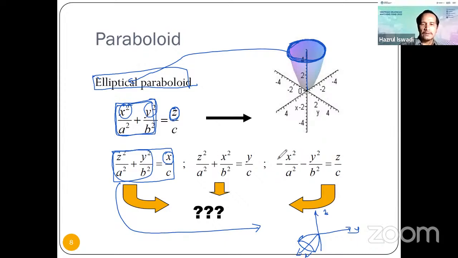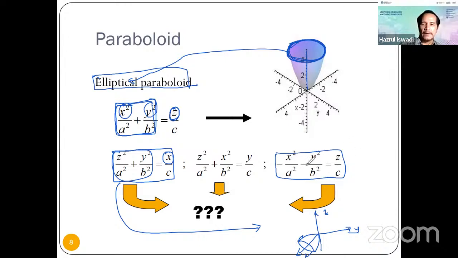What about an equation containing a negative symbol, like this? How to draw this kind of equation?